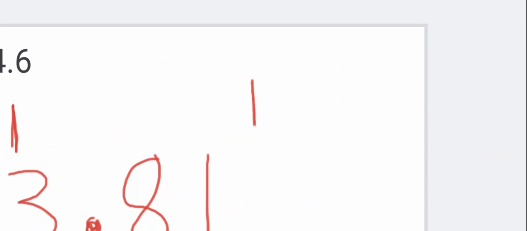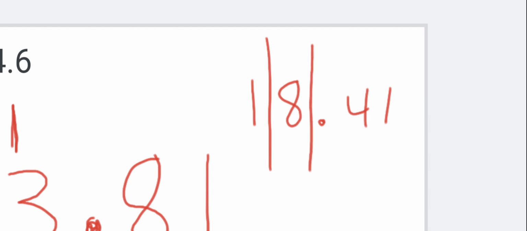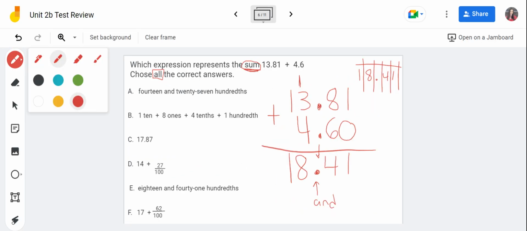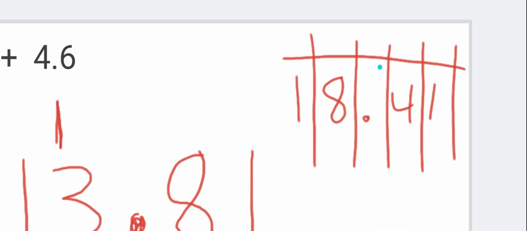Something that I always find super important too is I'm going to take my answer, 18.41, and I'm just going to make a place value chart just because I want to think about the value of every digit. So I know that there's a decimal point here. What's the value of this 4 if it's one spot after the decimal point?